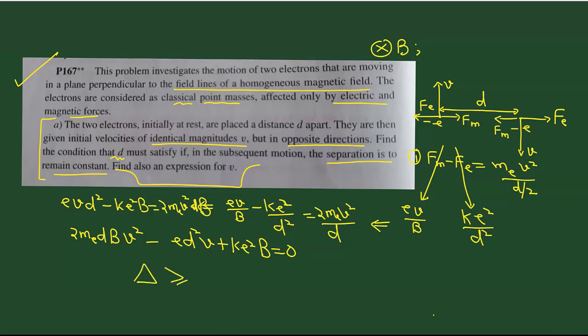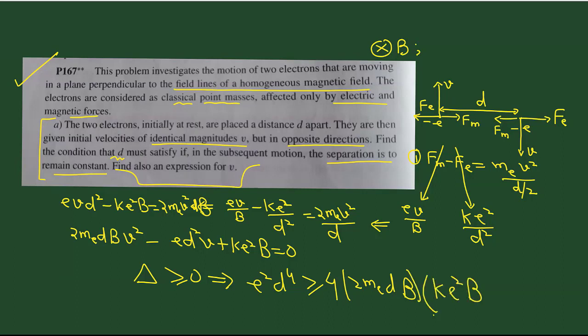If I make the discriminant, I mean, e square d to the power 4 greater than or equal to 4 into 2m d B into K e square B. So if you solve this equation, d comes out to be greater than or equal to the cube root of 8mK upon B square, that is, the cube root of 8K into m divided by B square.